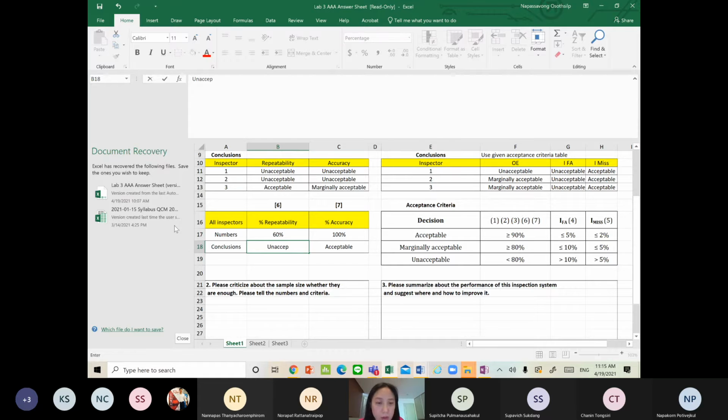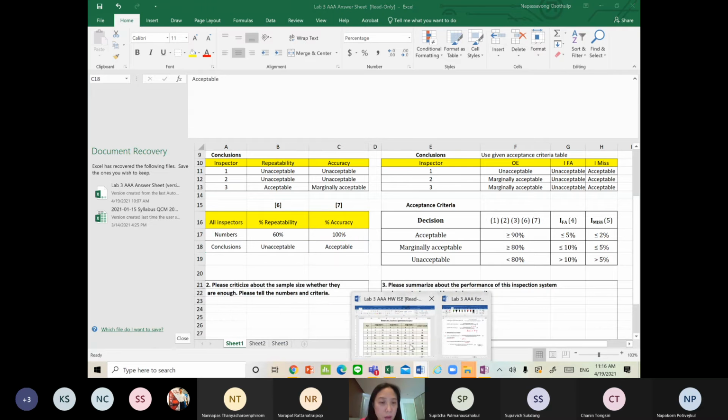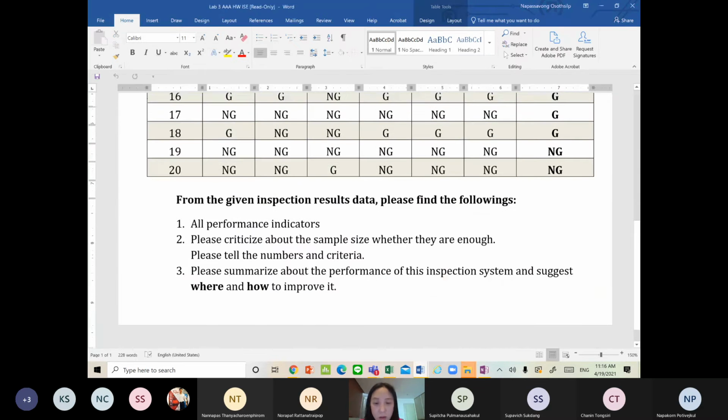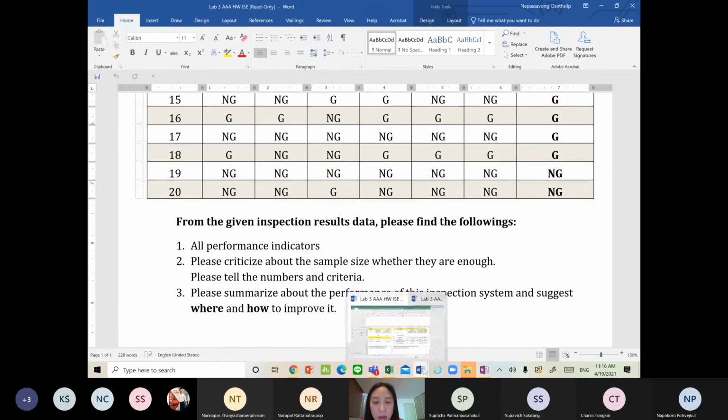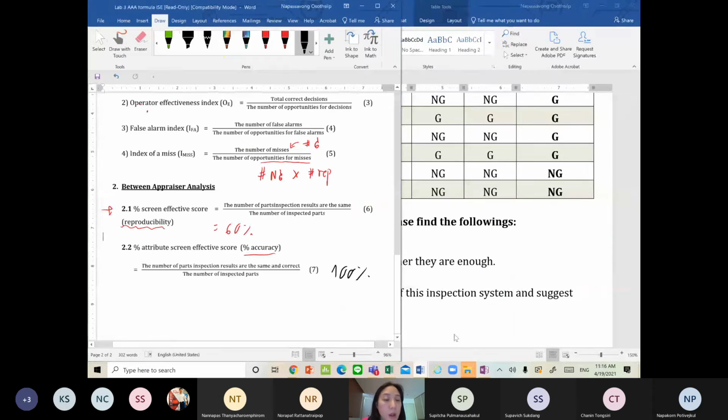Oh, I'm sorry about this. Let me check. In terms of accuracy, I shouldn't count this way. Let me go back and check. Sorry about this. Accuracy: we have to compare with the total number of parts inspected, and then we count the number of parts whose results are the same and correct. So the total number of parts inspected is 10, and 6 parts are consistent and also correct.